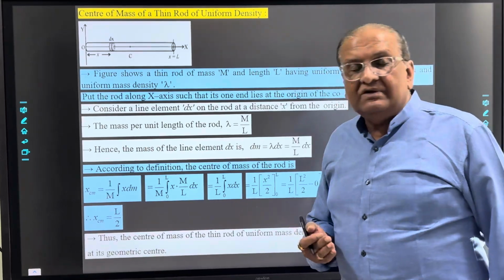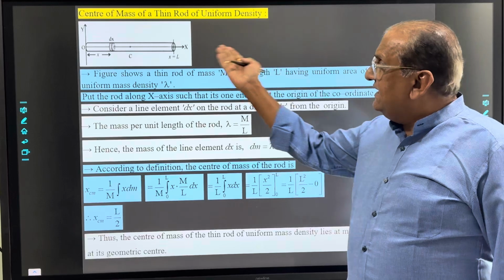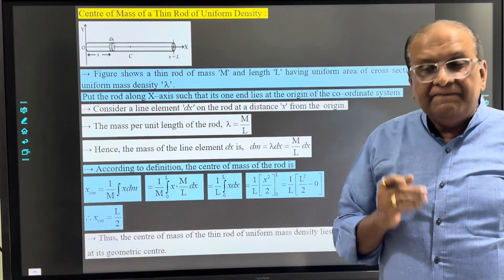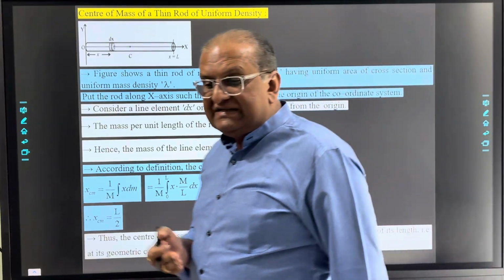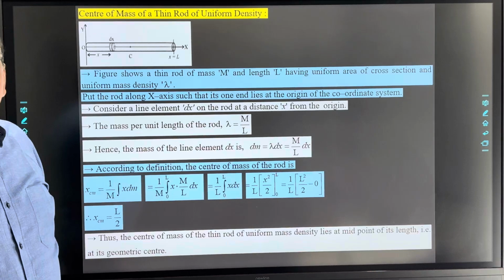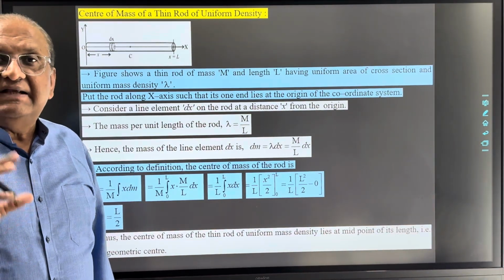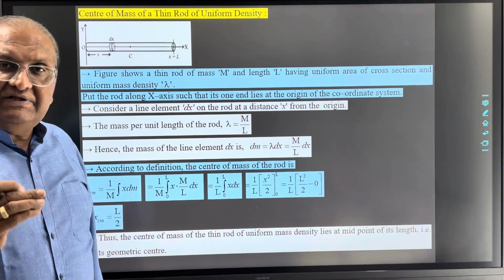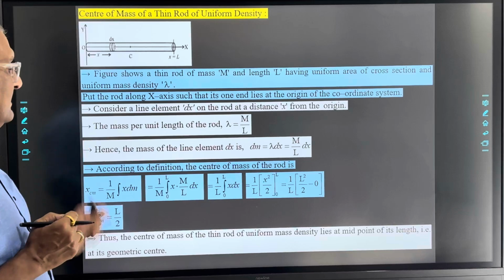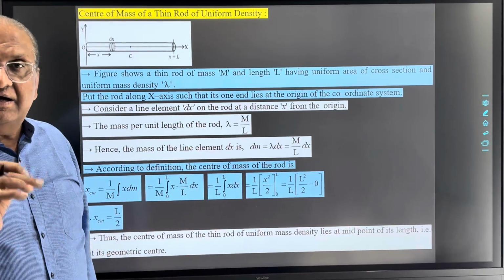If you find the position of the center of mass for bodies with proper geometrical symmetries, like a circular plate, circular ring, sphere, or cylinder, for all these types of objects the center of mass lies at their geometrical centers. Clear to all of you?